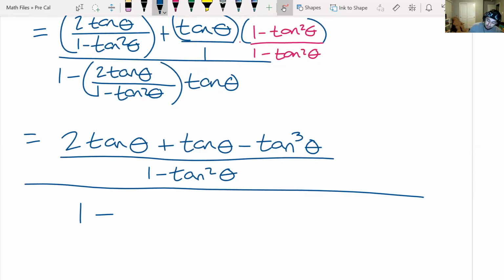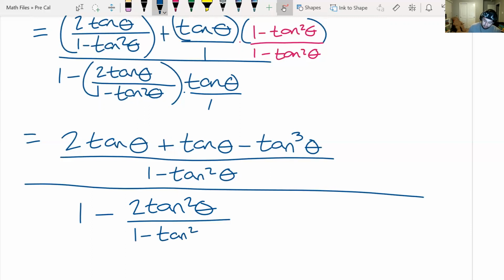Because I can even put this over 1, but when you multiply fractions, you multiply straight across. So this becomes 2 tangent squared theta over 1 minus tangent squared theta.